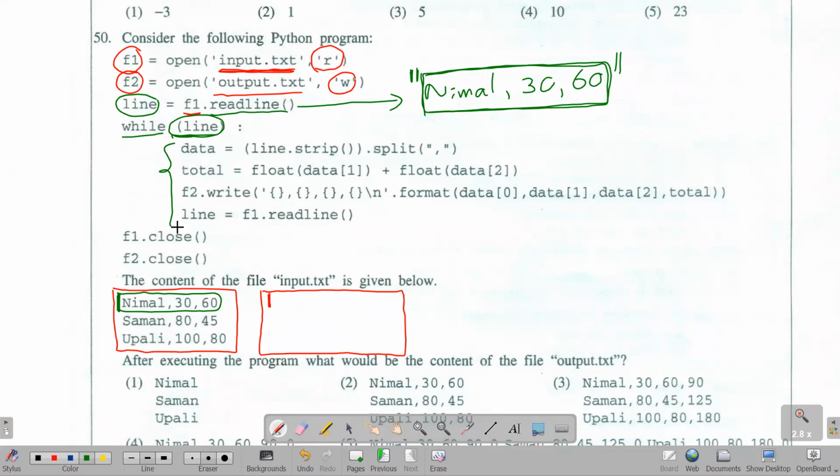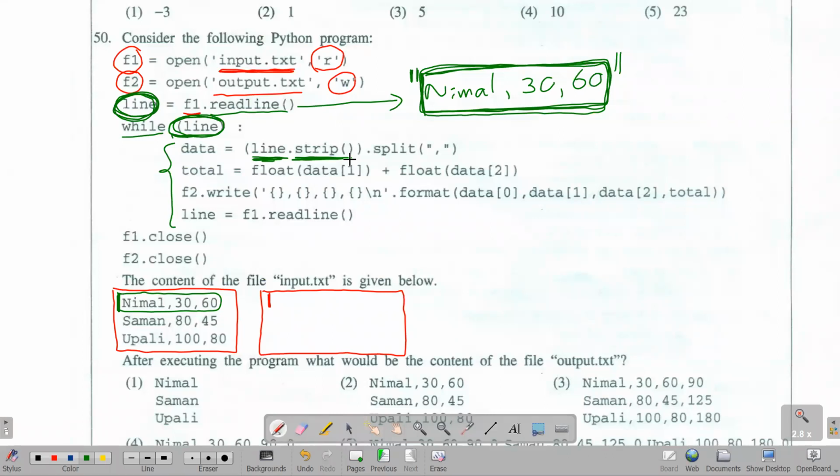So in the first line it says, take the line, that means this, that means this. So take the line, strip it. Now we know what the strip function can do.